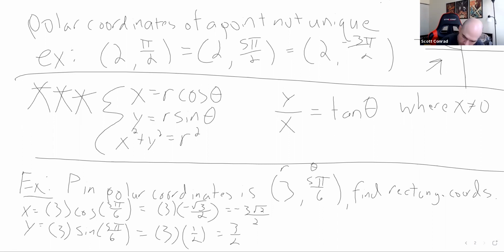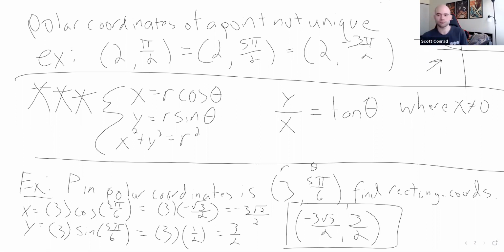So in rectangular coordinates, our point is going to be negative 3 root 3 over 2, 3 over 2. Okay, easy peasy. Just remember x is r cos theta, y is r sine theta.